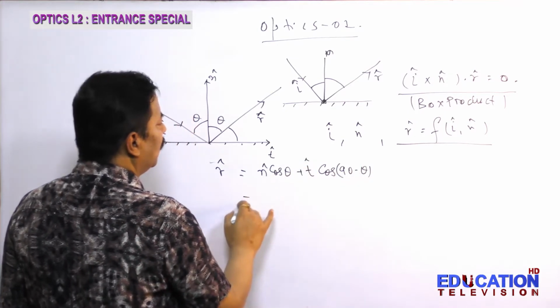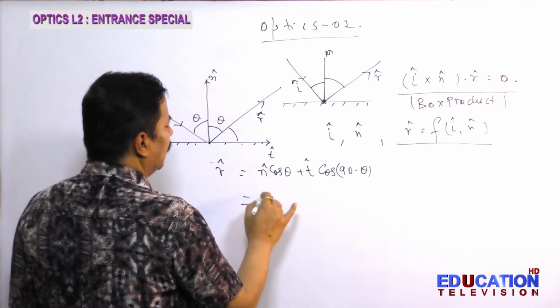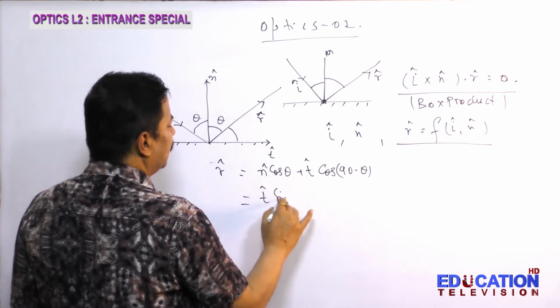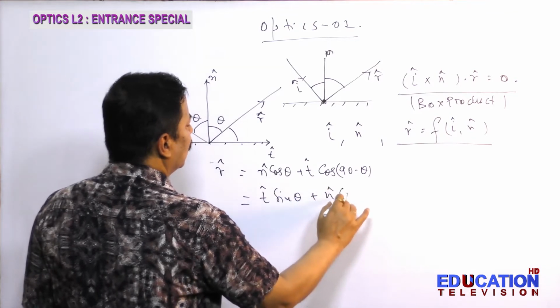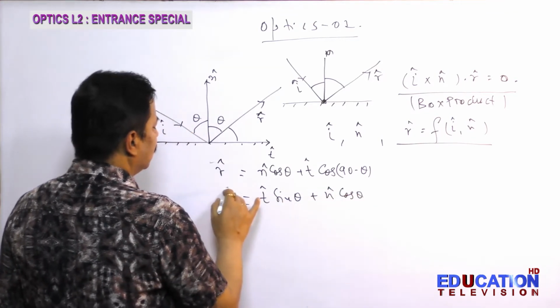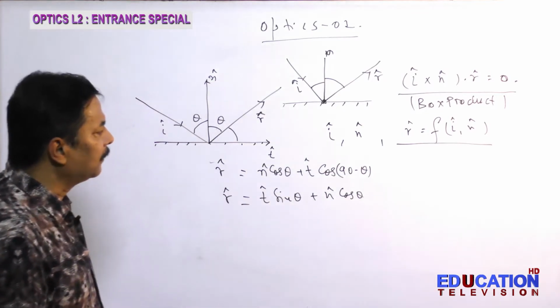So it is t sin theta plus n cos theta. This is the r vector that we have got.